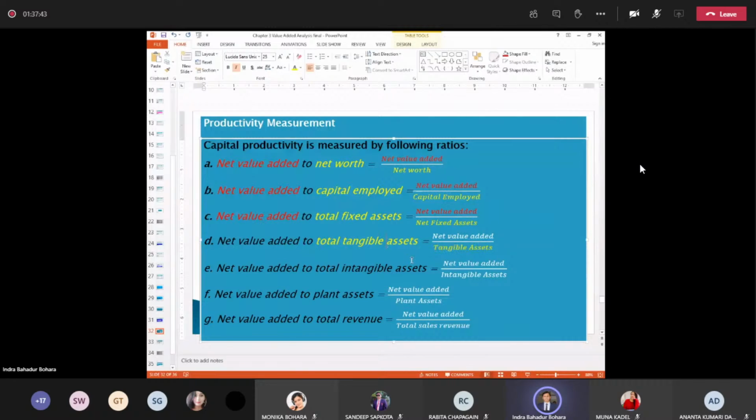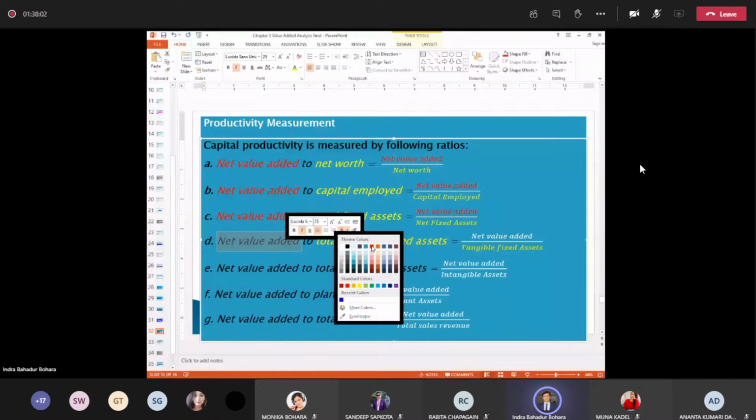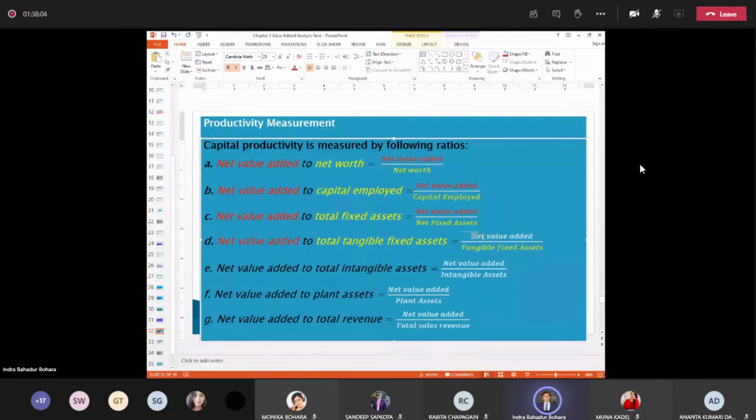Therefore, it is tangible fixed assets. The first factor is net value added, which should be in the numerator, and the second factor is tangible fixed assets, so it should be in the denominator.